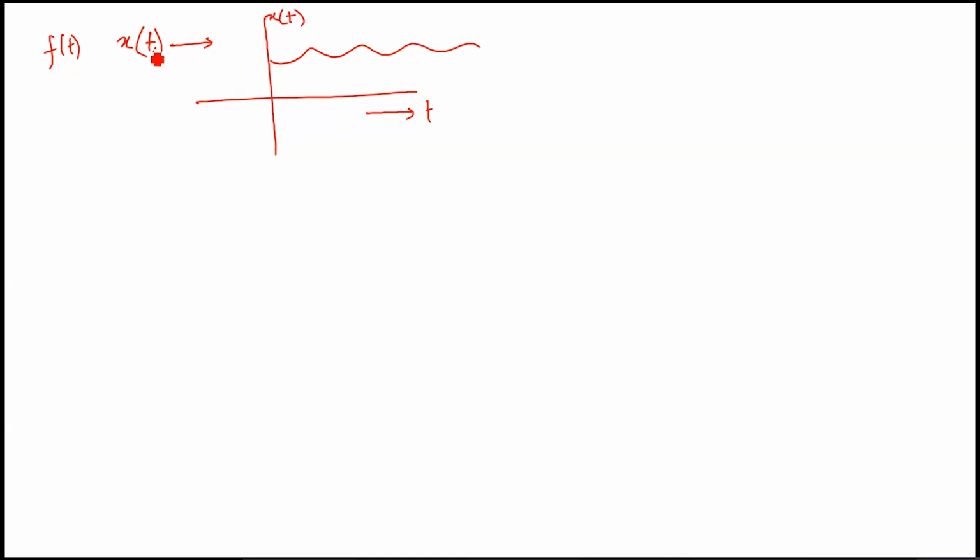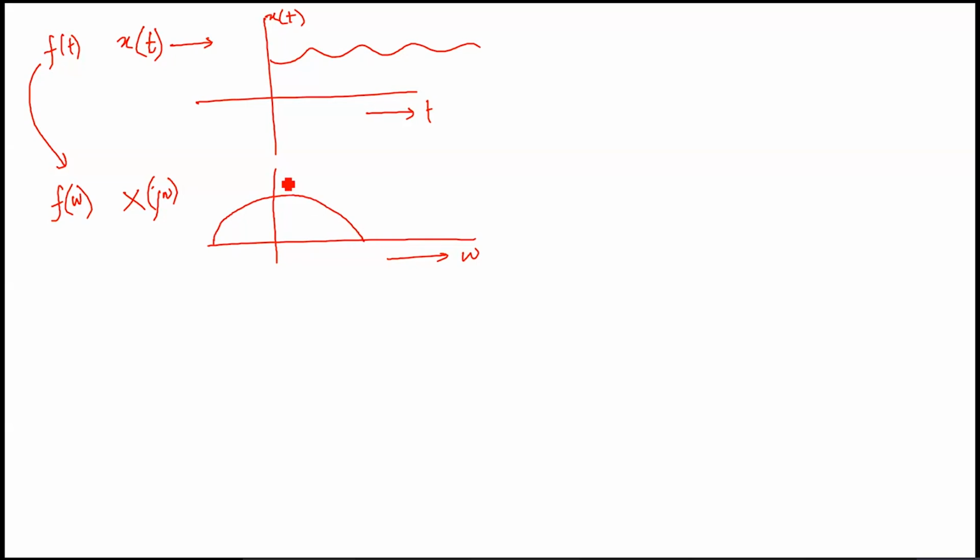Similarly, we may have another function of omega, like X of j omega. Once we do a transform, it changes the independent variable. Once we transform from the time domain to the omega domain, that is X of j omega, by taking the Fourier transform, we can plot this function of omega against omega and see what different shapes and forms we get.